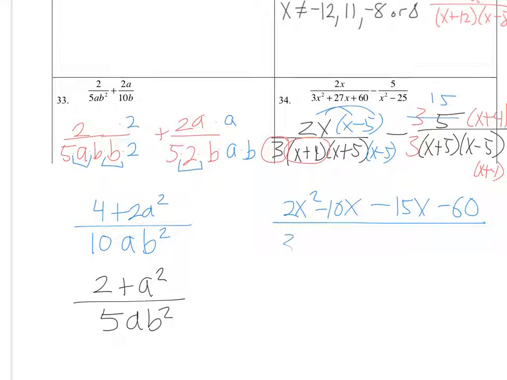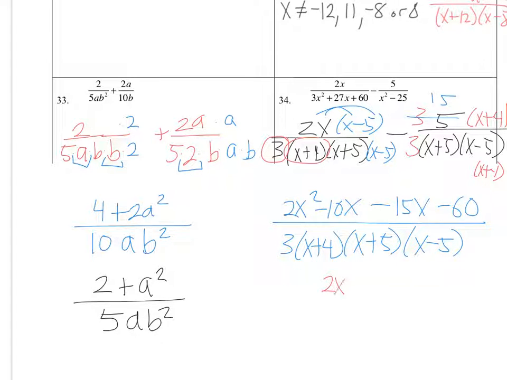Okay, the bottom is going to be 3, x plus 4, x plus 5, x minus 5. Sometimes this will factor in such a way that you can reduce some other things. I'm really hoping that is not the case here, but I'm going to double check just to make sure.